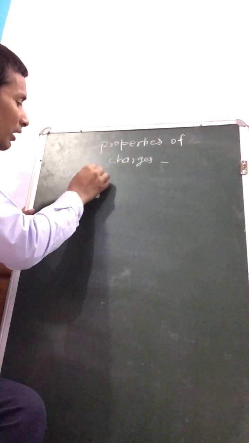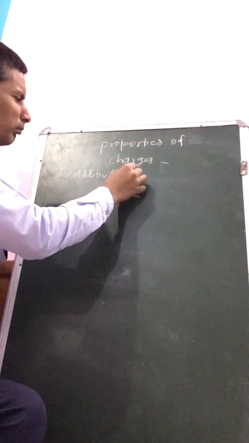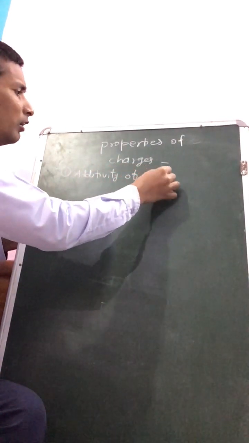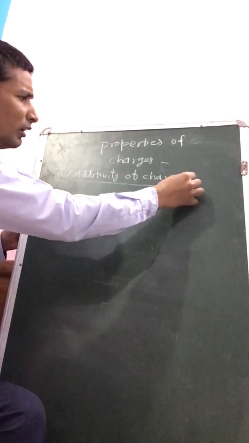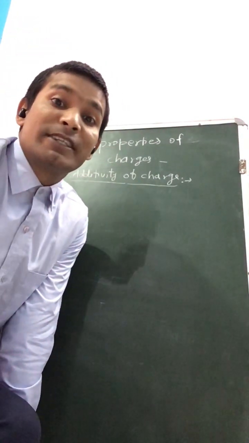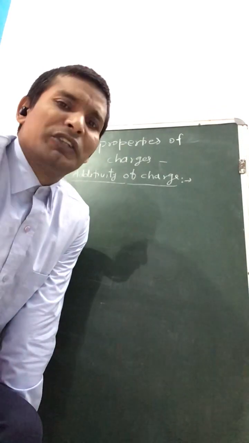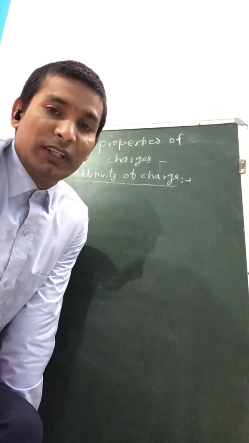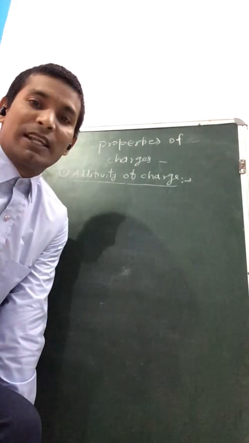Additivity of charge. What does that mean? Simple addition of charge. Suppose a system has two charges or three charges, Q1, Q2, Q3. The net charge on the system will be the summation of total charges, right?